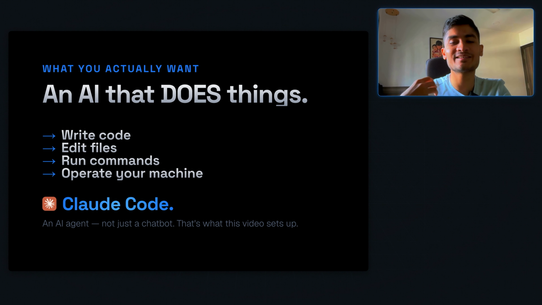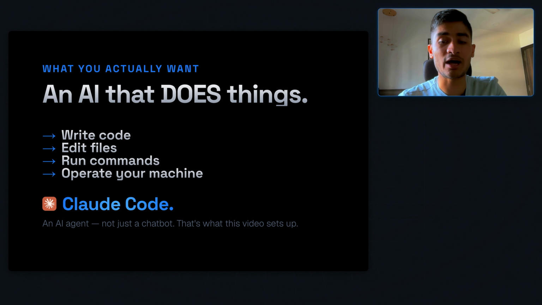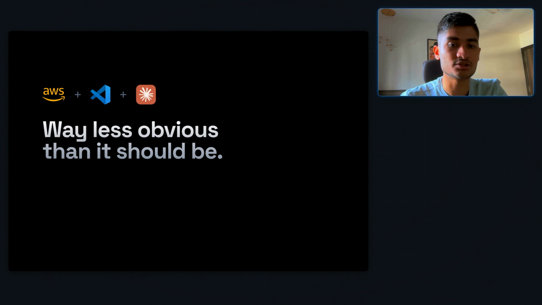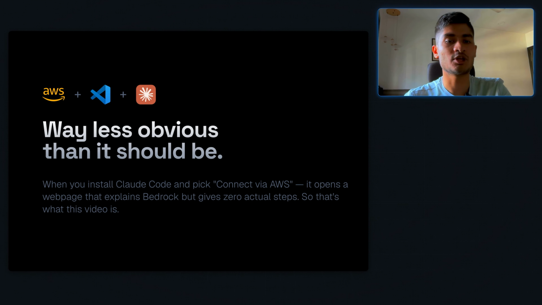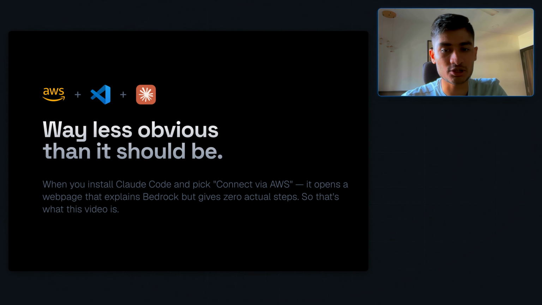And the problem is getting your AWS credits to actually power it inside an IDE like VS Code, which is way less obvious than it should be. So that's what this video is about. Now, when you install the Claude Code extension and open it for the first time in VS Code, you get three options. Sign in with your Anthropic account, enter your API key, or connect through AWS.